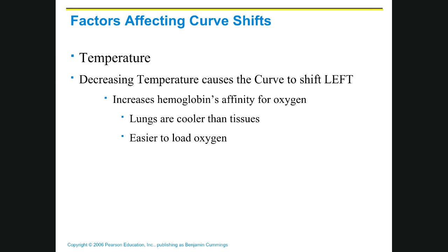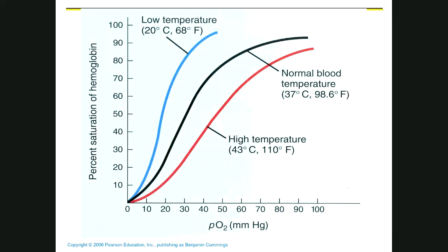So if we increase the temperature, it shifts to the right. If we decrease the temperature, it's going to shift to the left. So lungs are cooler than tissues, and so it's going to be easier to load. Again, it's dose dependent. So the more you move this way, the more you can load.